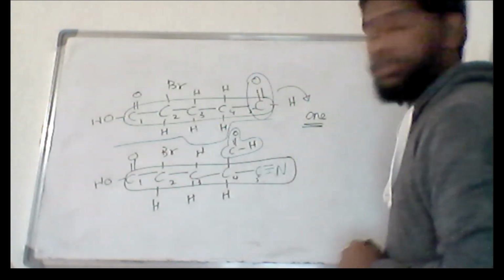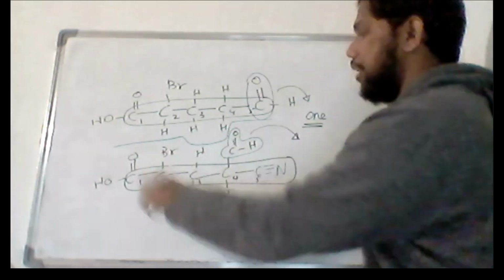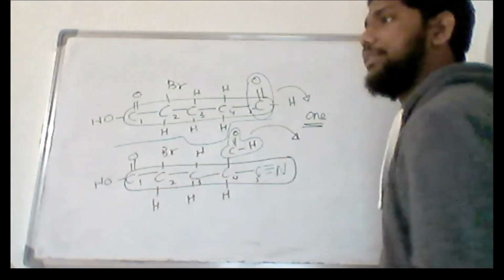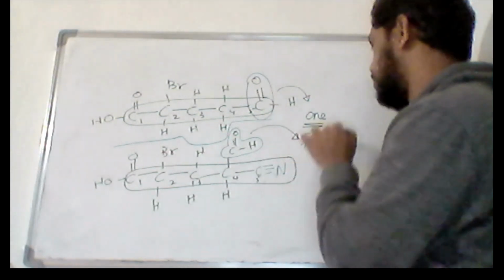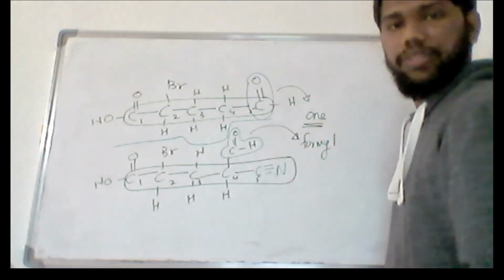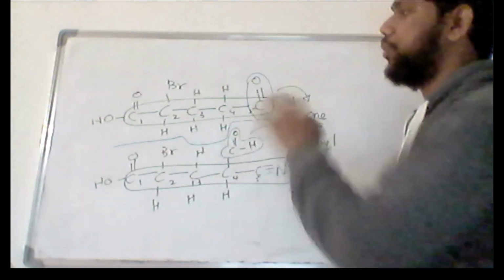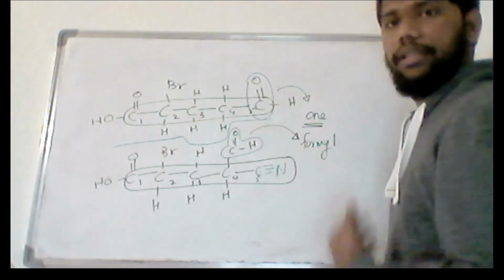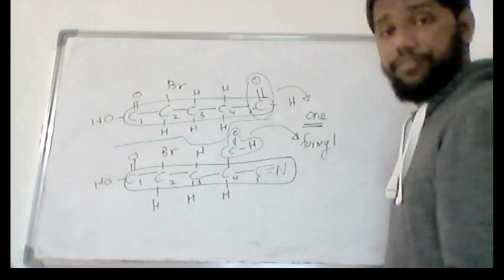But here, it is away from the main chain as a substituent, so you have to name this as formyl. Identify the difference. Please write down these two structures and see the difference.